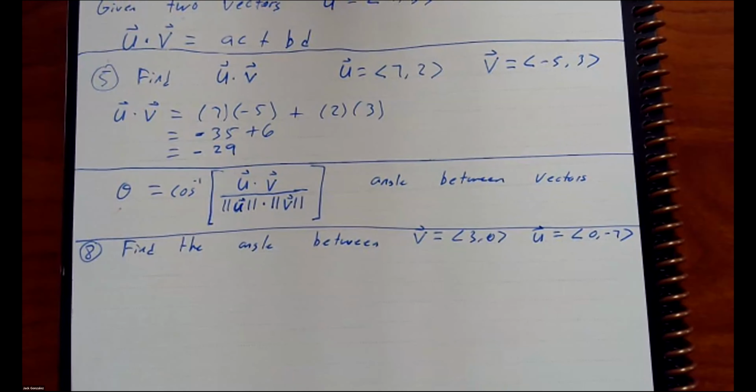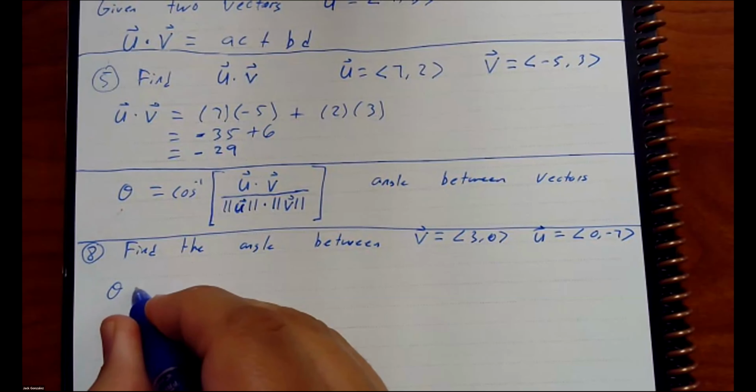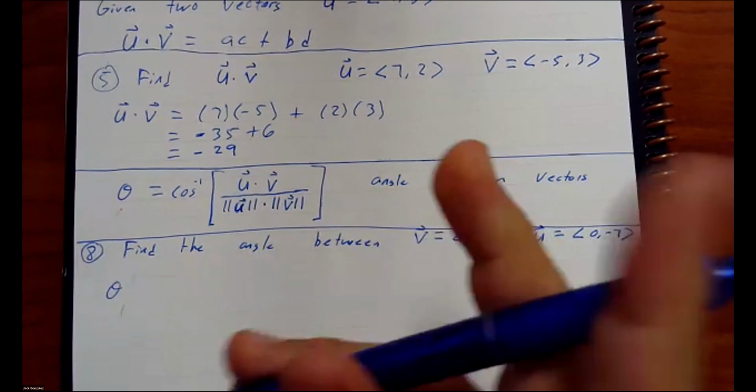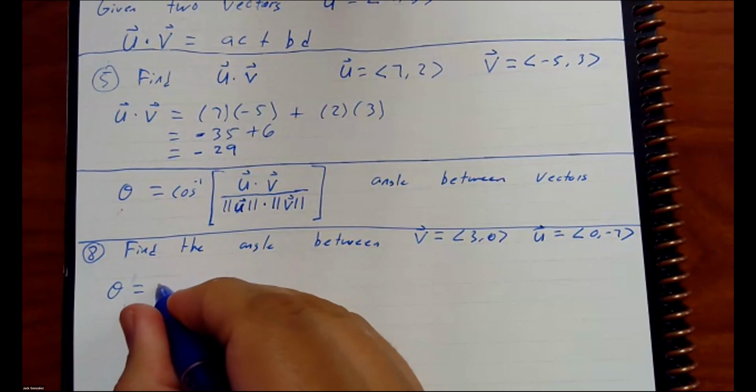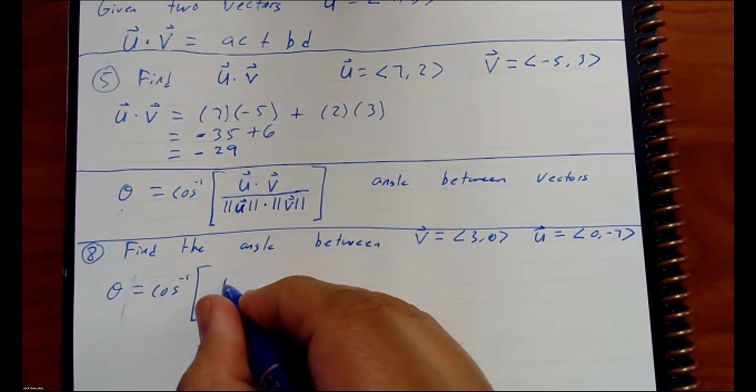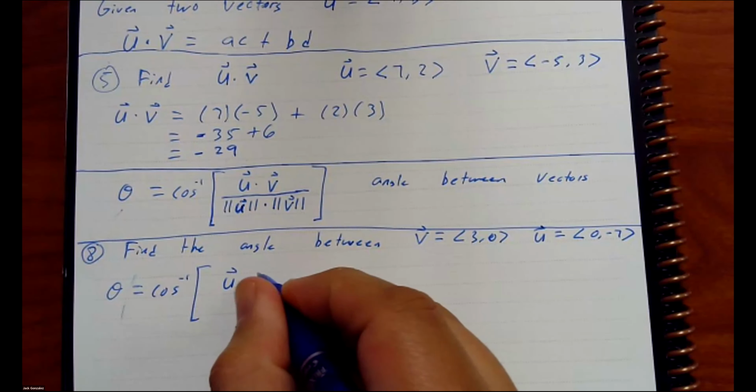Okay, so I need to find the dot product and the magnitudes. Theta is equal to cosine inverse of u dot v over the product of the magnitudes.